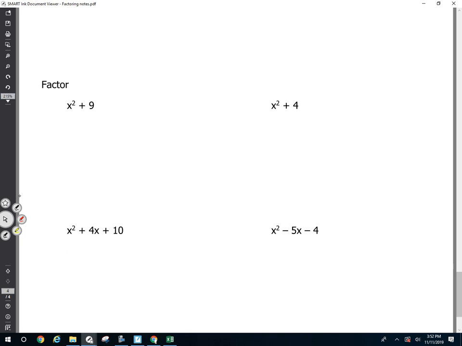Now, you got to understand, sometimes you cannot factor. X squared plus 9: there are no two numbers that add to get 0 and multiply to get 9. You might be thinking, oh, 3 and -3? But nope, you won't get 0. That doesn't work. 3 and 3? Well, you should get x squared plus 6x plus 9. That doesn't work. It's got to be set up in a very specific way so you can factor, okay? X squared plus 4, you cannot factor.